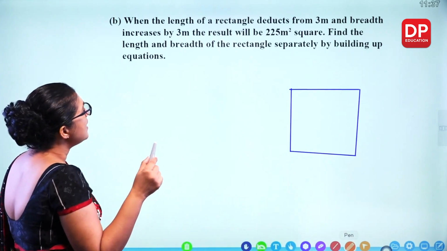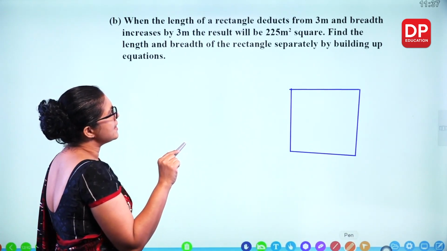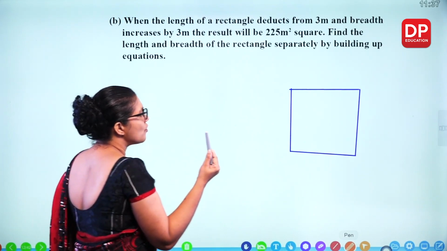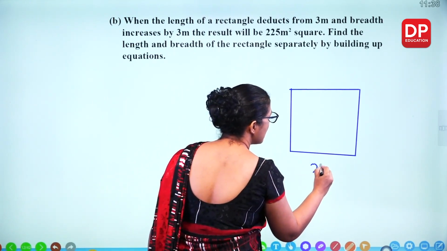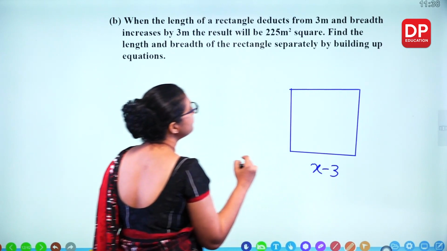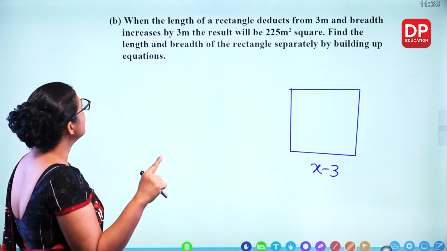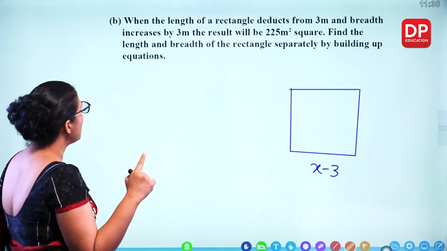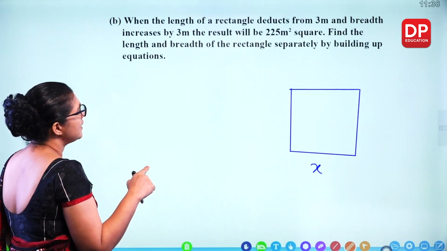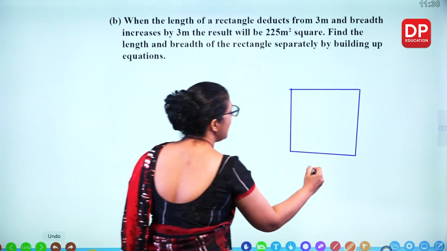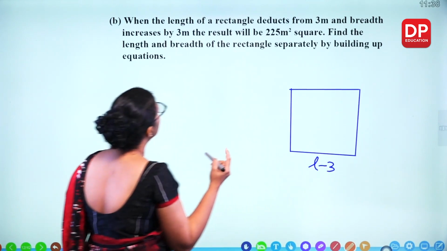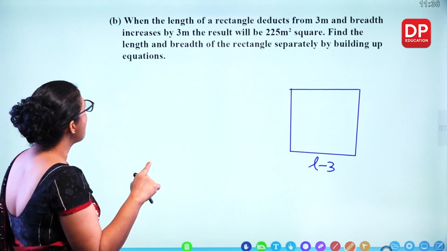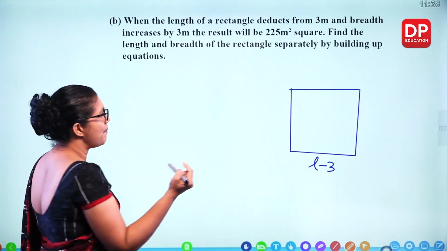Length of a rectangle decreases by 3 meters, so we'll say x minus 3. And breadth increases by 3. So I'll take length L. Length minus 3. Breadth, I'll take B. B increases by 3, B plus 3.